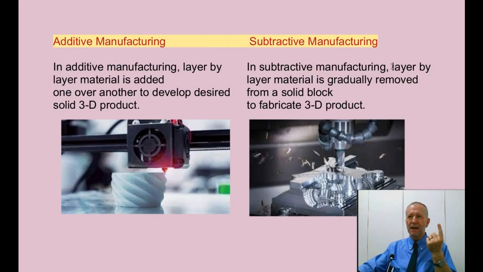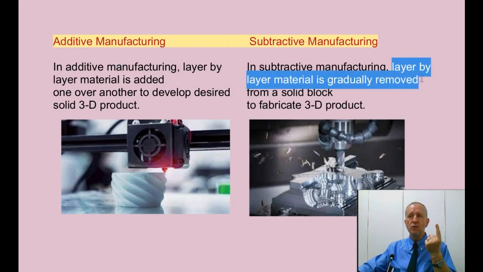Subtractive manufacturing is layer by layer. Material is removed, subtracted, not added. But it's not a true layer by layer process, because you can come at it from many different angles. Think of it more like a layer as the earth has layers.